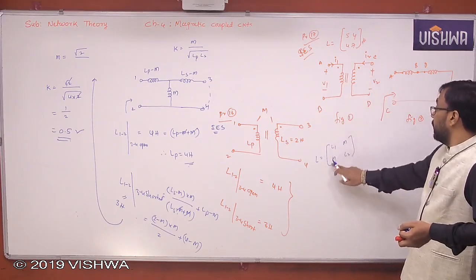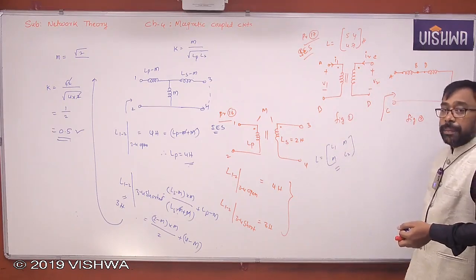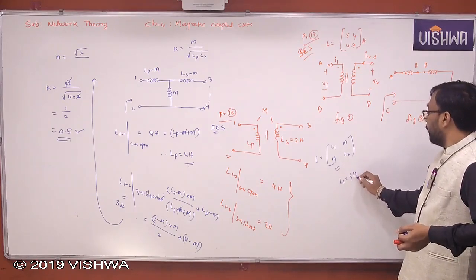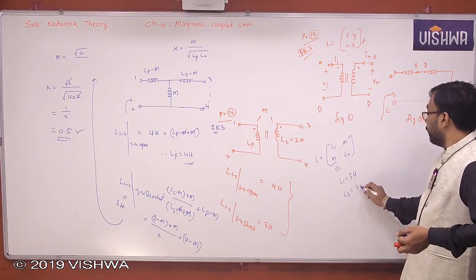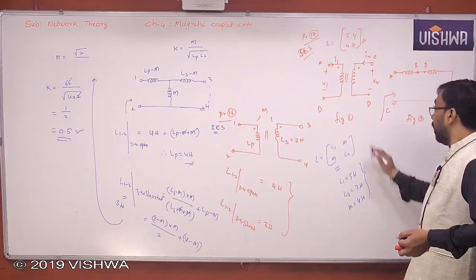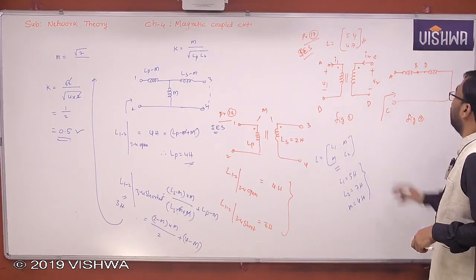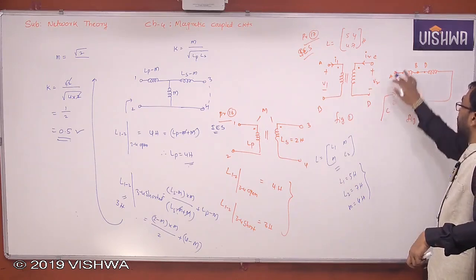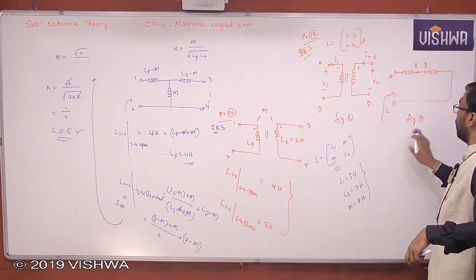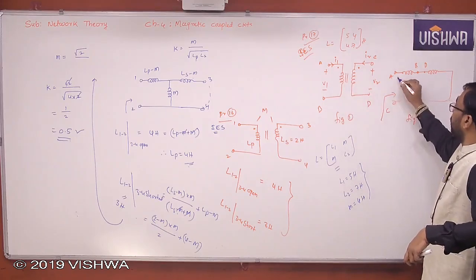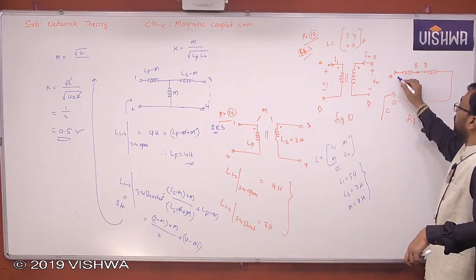L1, minus M, minus M, L2. Now, what is L1 according to this? 5 Henry. L2, 7 Henry. M is how much? 4 Henry. But how did you connect all this, the two windings here, according to figure 2? And he's asking what is the overall inductance when you connect like this according to figure 2. So dot is here, therefore here dot. Because to find the equivalent inductance, you must require dots.